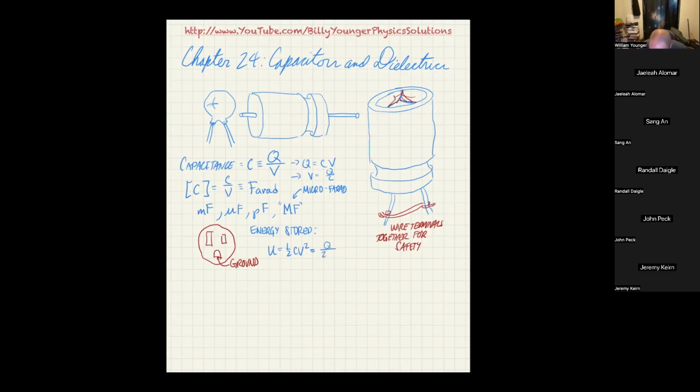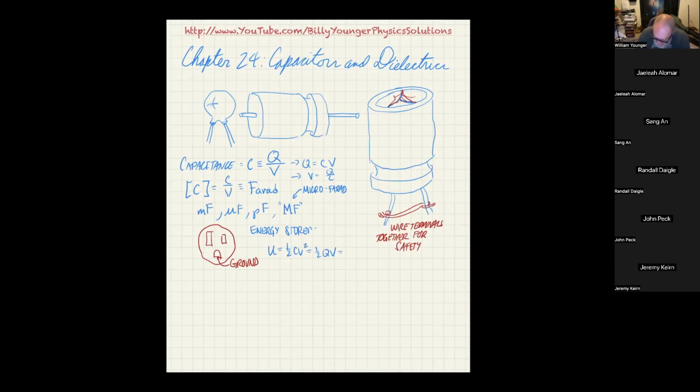I'm replacing the C with Q over V, so one of the V's will cancel out. So it's QV over 2, 1/2 QV. Double check: that would be Q over V times V squared, so that'd be 1/2 QV.